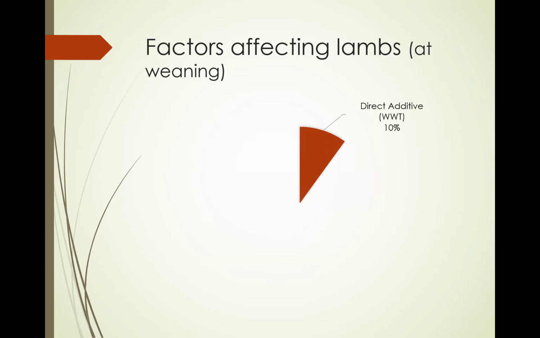And to put it into a context, in our genetic evaluation, when we think about weaning weight, this is the relative contribution to the variation that we see in phenotypic performance for weaning weight from these various factors that impact a lamb's weight.